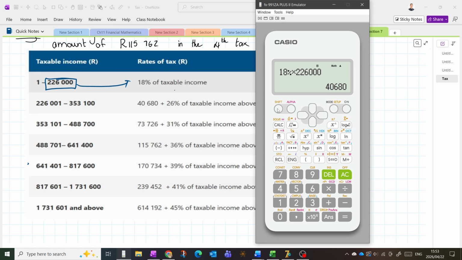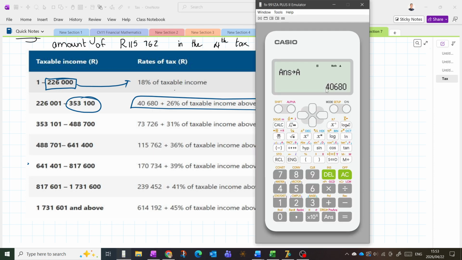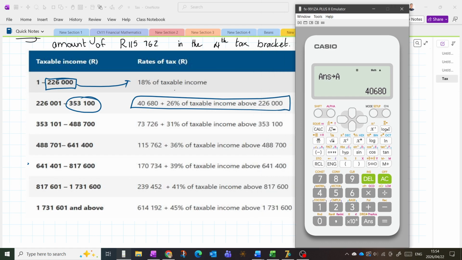Then, let's store that value. Then they go and say, okay, how do they determine this value? And again, they use their own system. They're going to use this with the top range of the bracket. So they're going to keep this 40,680. They're going to do 26% of everything above 226,000. So let's say 40,680 plus 26% of all of it.